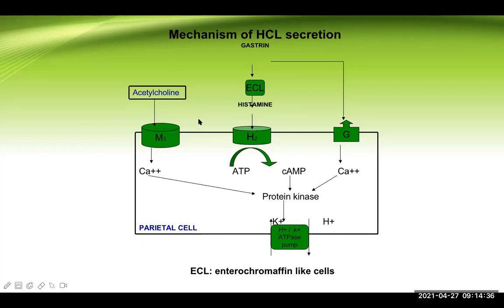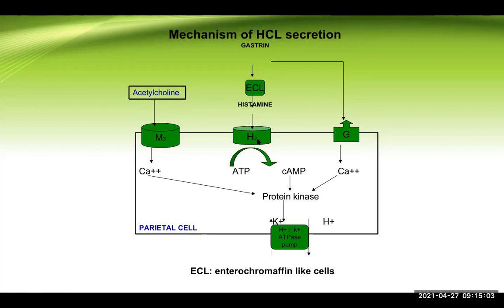Now this acetylcholine is secreted by the vagus nerve, because it is the neurotransmitter of the parasympathetic nervous system, and the vagus nerve is the parasympathetic supply here. So stimulation of the parasympathetic nerve supply, or vagus nerve, will lead to excessive acid secretion. Remember that.